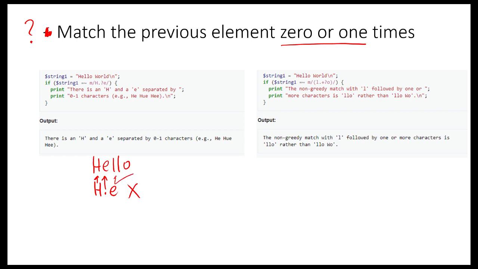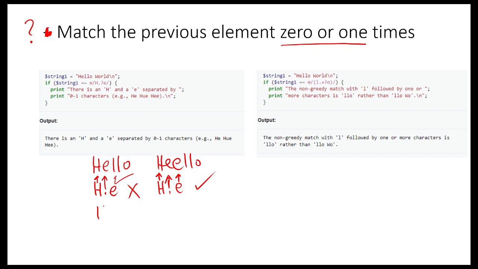So this expression would fail. If I had H E E L L O, the H would match the H, the dot would match the first E, the E would match the second E, and this would be okay.